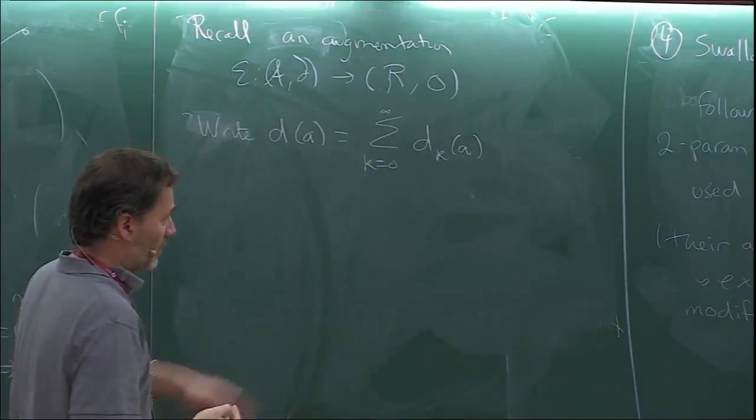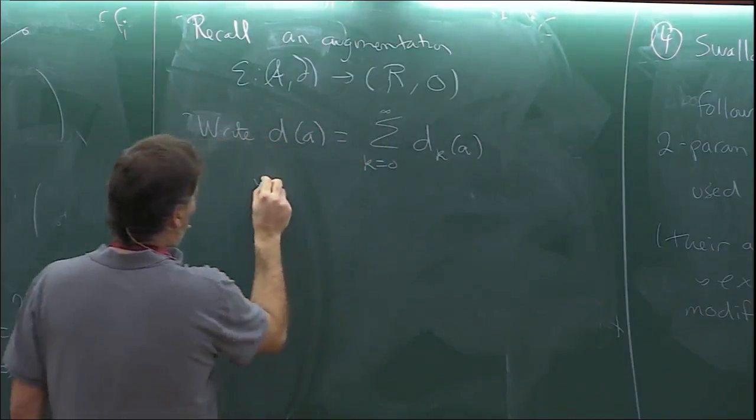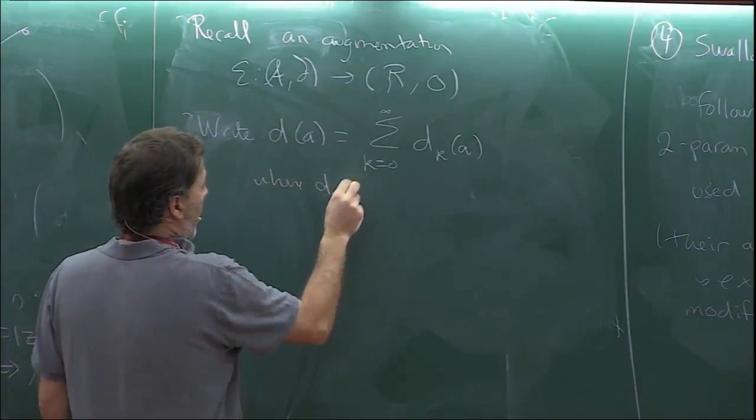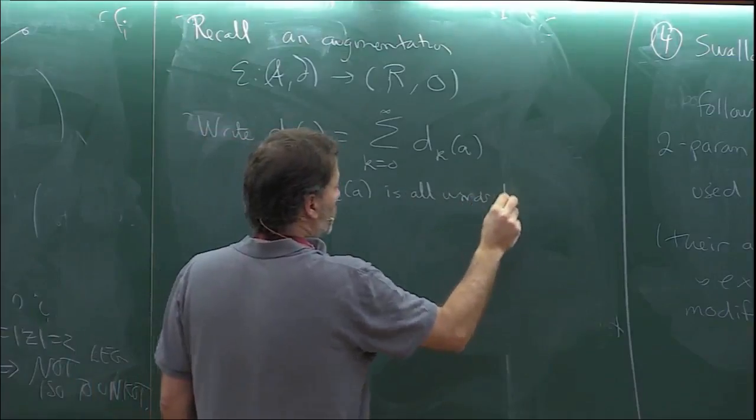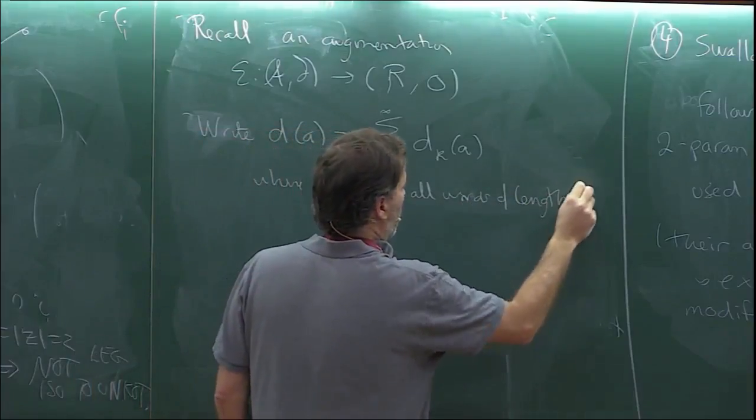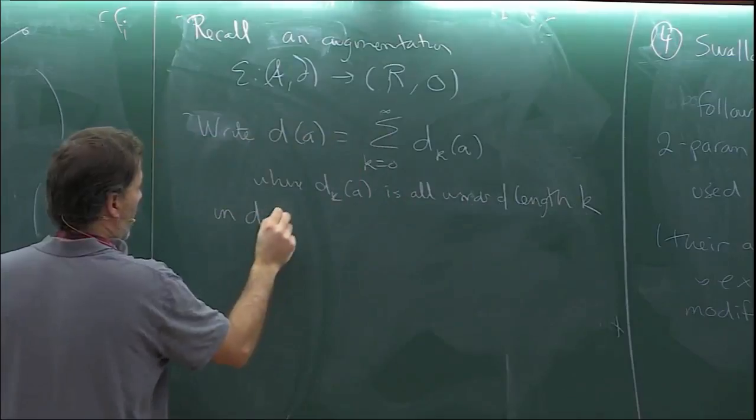Most of these will be 0 after a finite amount of time. Where d_k of A is all the words of length k in this element of the algebra.